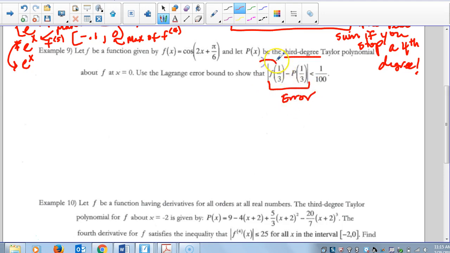F of 1/3 is the real value when x is equal to 1/3 in this function. This P of 1/3, we also say T of 1/3, means I've stopped somewhere.